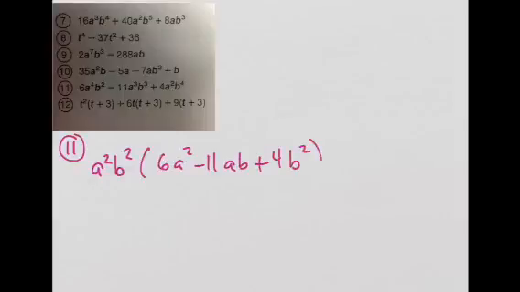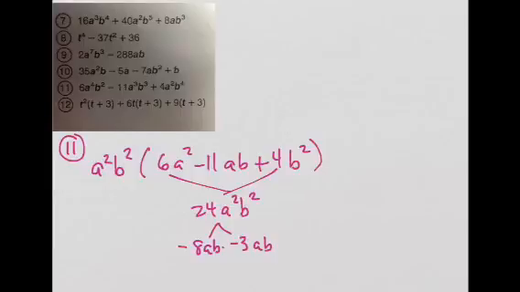So the greatest common factor of 11 is a squared b squared. So I'm going to factor that out of each term. So I get 6a squared minus 11ab plus 4b squared. So I multiply these two and I get 24a squared b squared. Factors of 24 that give me negative 11 are negative 8ab and negative 3ab.